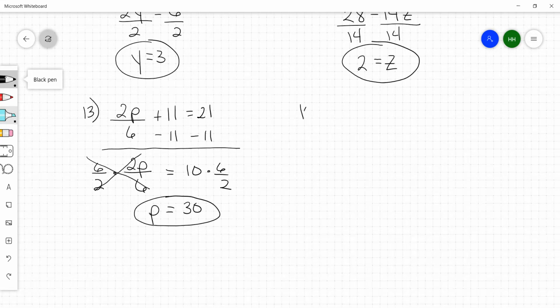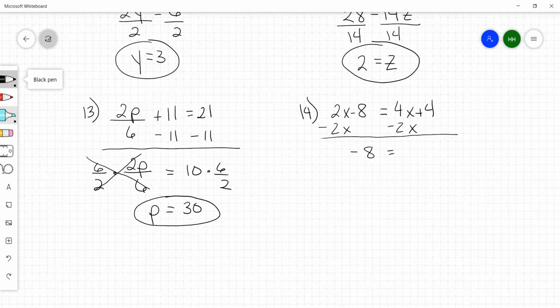Number 14. 2x minus 8 equals 4x plus 4. Subtract 2x from each side. Don't forget your negative sign right there.